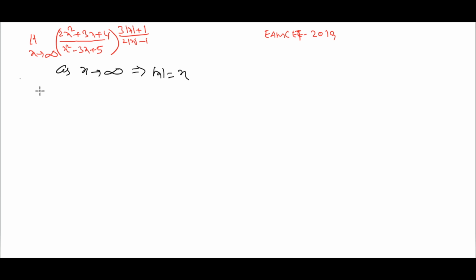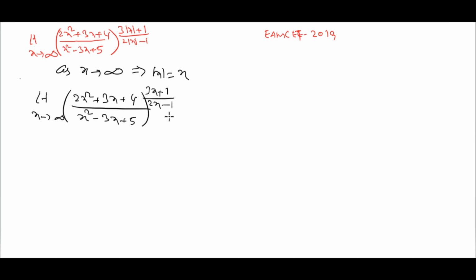Substituting on that, limit x tends to infinity, ((2x² + 3x + 4) / (x² − 3x + 5)) to the power of (3x + 1) / (2x − 1).